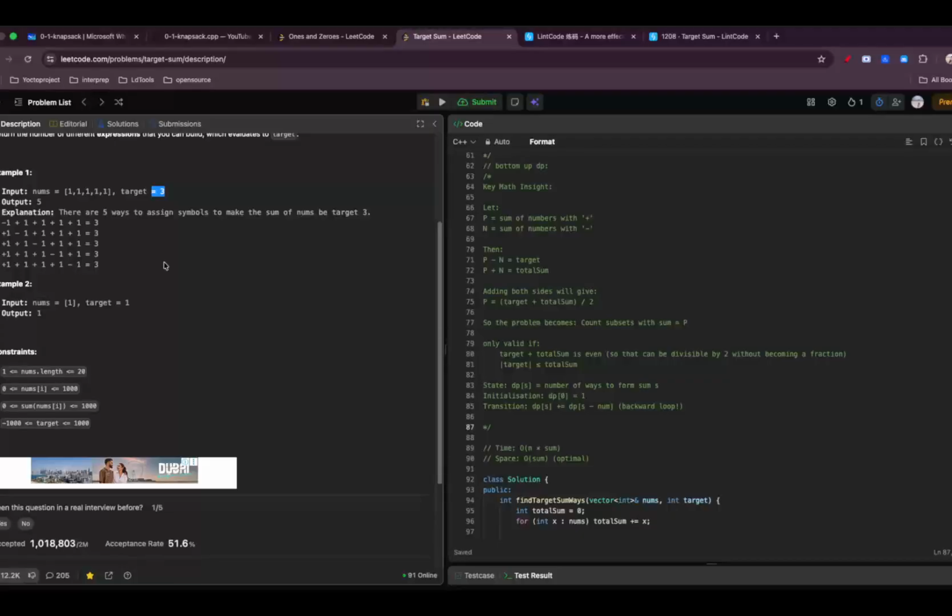So rather than counting positive and negative both, which actually makes more branches, it's better we count only those positive ones which are contributing to that expression.